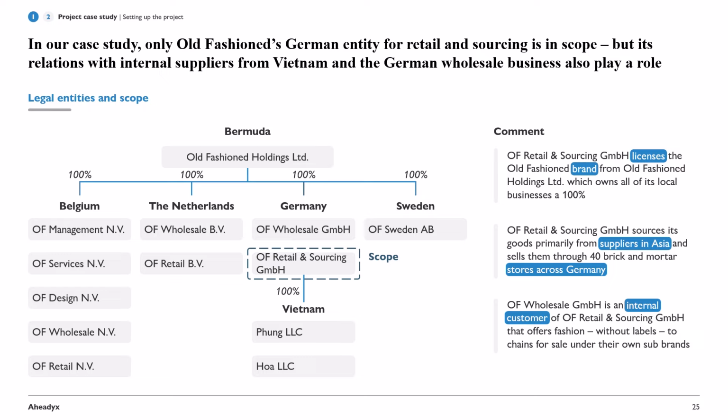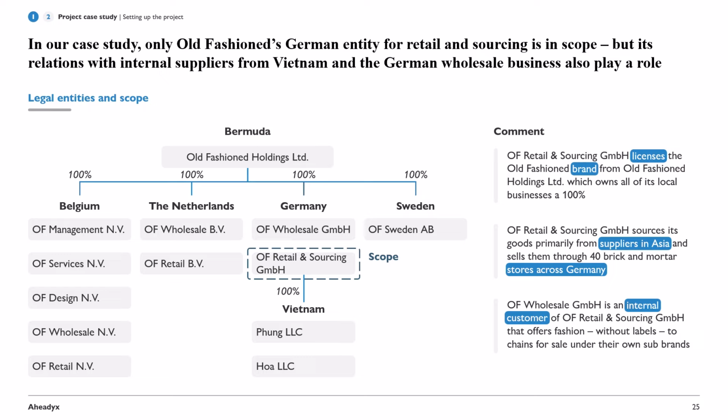Now, to keep the case focused here, we will not plan these internal sales and material expenses and so on to the wholesale business, so this case study is really centered around the retail and sourcing business, specifically the retail business, and I added the wholesale business to this case to show some of the intricacies of liquidity planning.